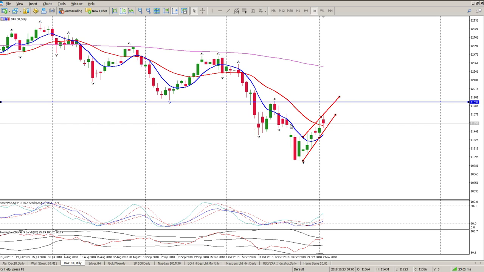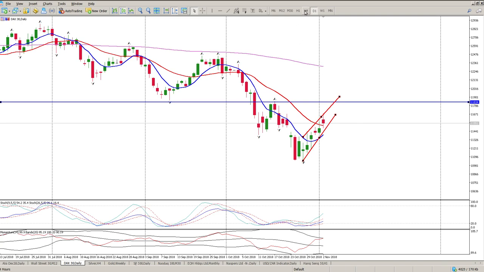We've closed this gap, and there is another gap here, but I have my doubts whether we're going to even get that high. We do have divergence here. You can see there's a high, lower high, and you can see the oscillator here forming a higher high on the Bollinger. So I would expect this thing to start moving back to the downside.